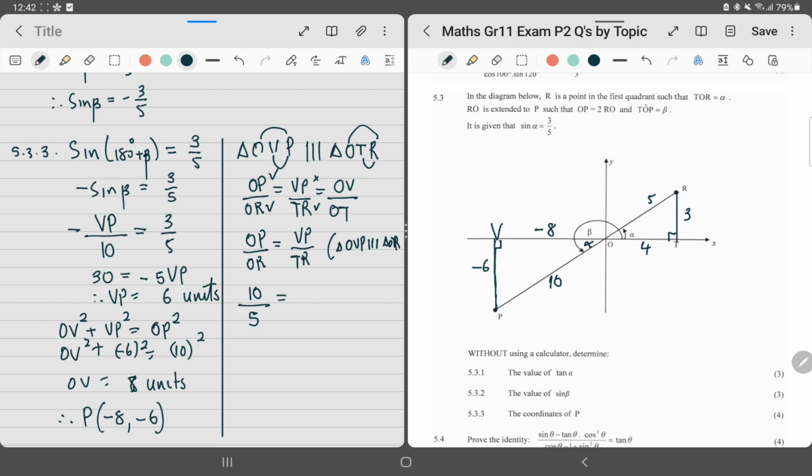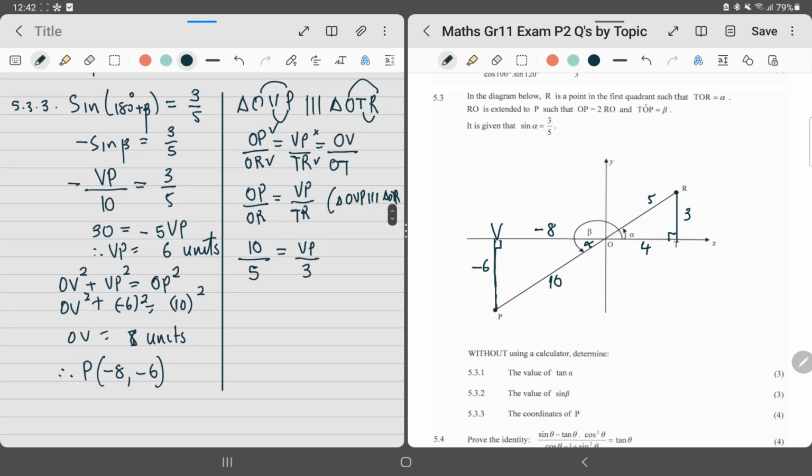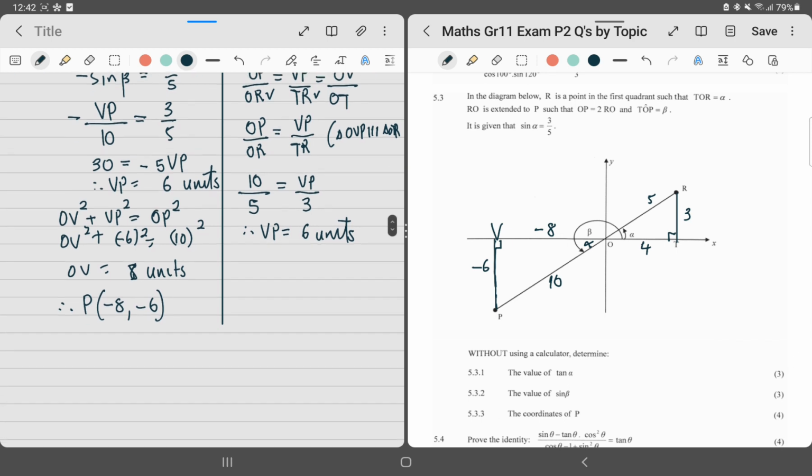VP, I don't have VP, but I do have TR, which is a 3. So it takes me back to what I had there. Therefore, VP should be equal to 6 units, and then you'll be able to find OV easily.